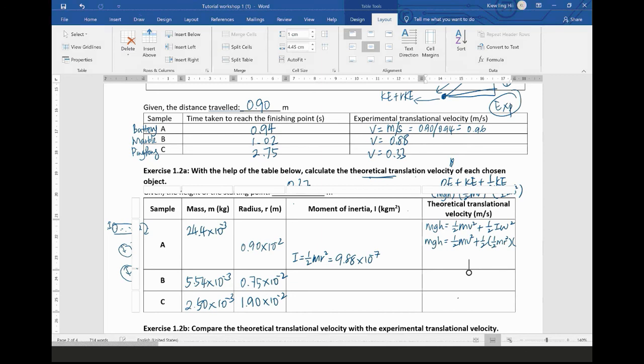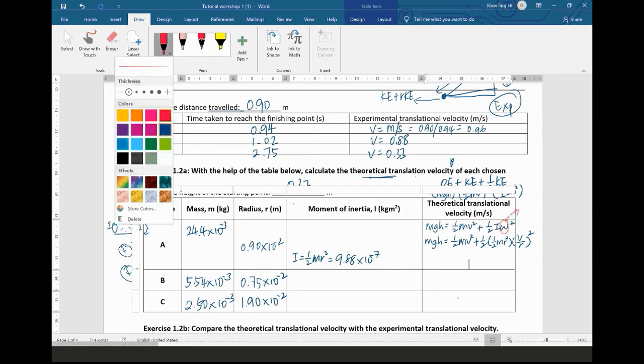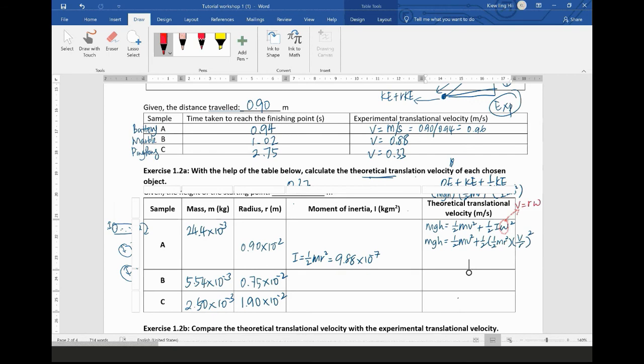If you remember the relation between the linear and the rotation, v equals r omega, isn't it? So move your r to the other side. Omega equals v over r. Okay. So you can simplify your equation.